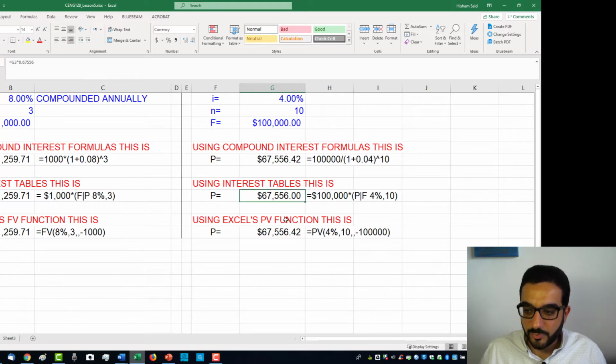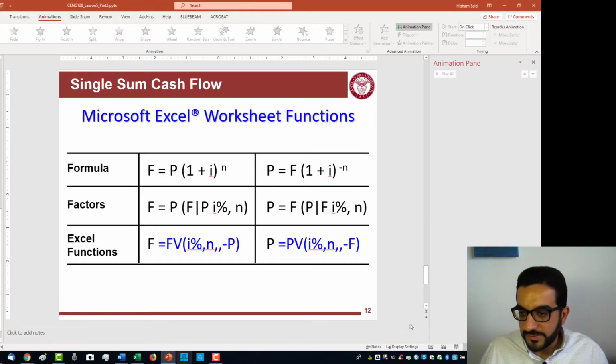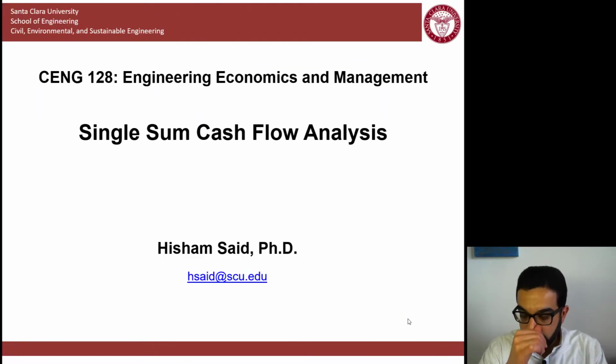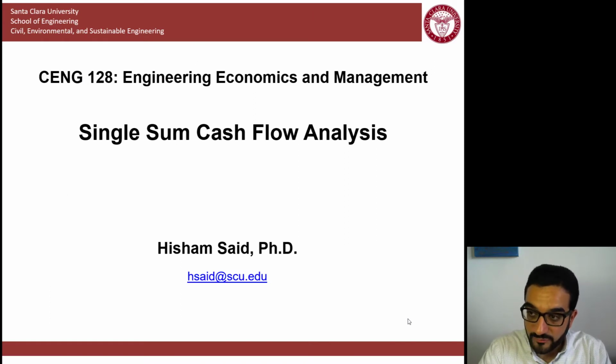Maybe there's a 42 cents difference here, but again, the tables will give you a little rounding error because the values in the tables are already rounded. So that's it. Very introductory video here to analyzing a very simple cash flow, single sum cash flow, and what's related to it.